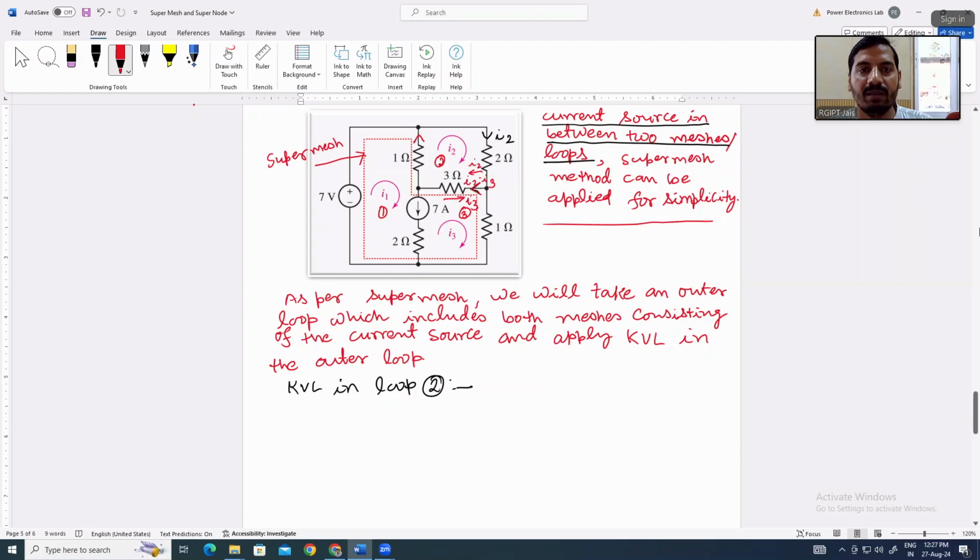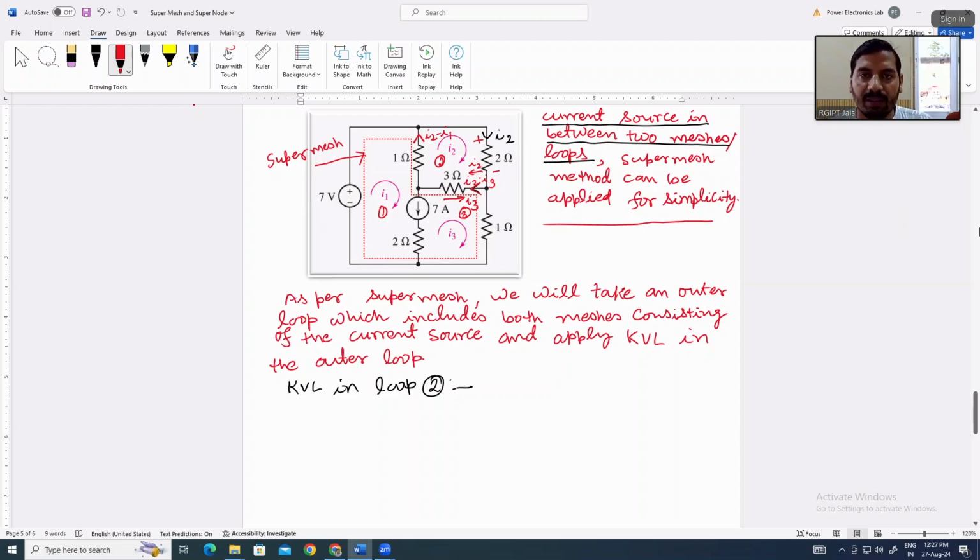What will be the current in this branch if we take the upward direction? Which one is dominating? I2 minus I1. Correct, I2 minus I1. Okay. So if we want to apply KVL in loop 2, we have to denote the currents like that, and accordingly write the voltage drops also.